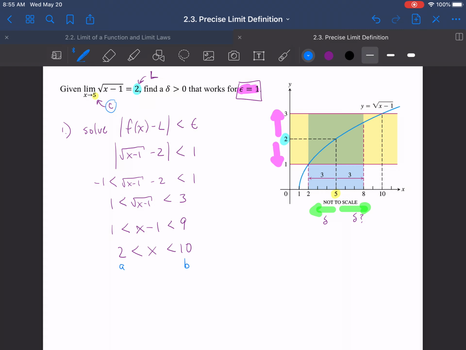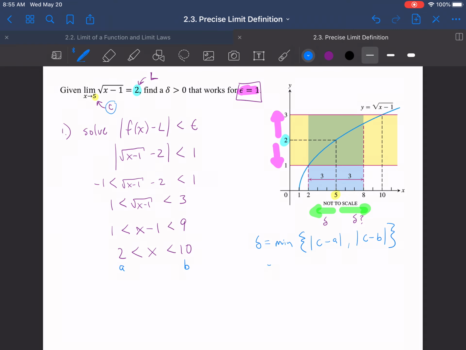So we check and see. Delta is our minimum of C minus A or C minus B. It doesn't matter if I do C minus B or B minus C because we're taking the absolute value. It's just the difference between the two. So this will be the minimum of C minus A, which is 5 minus 2, and this one's going to be 5 minus 10.